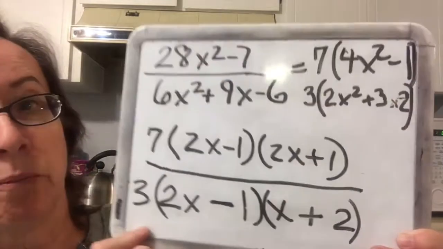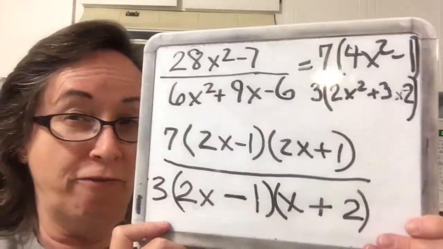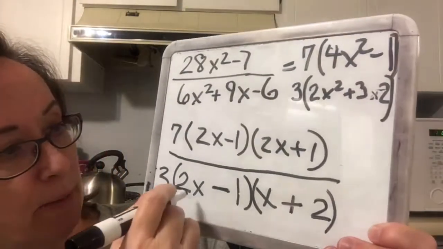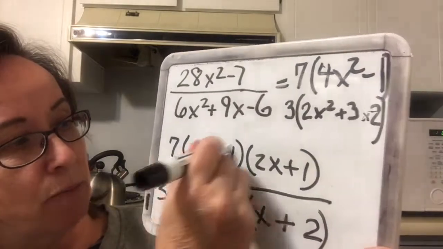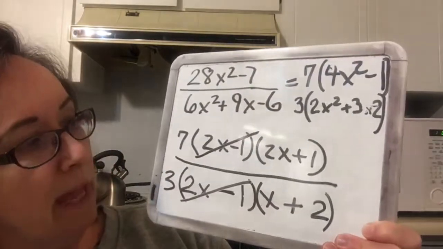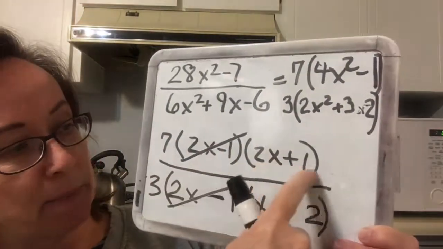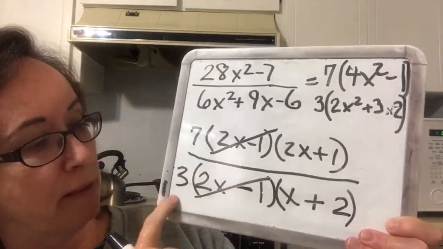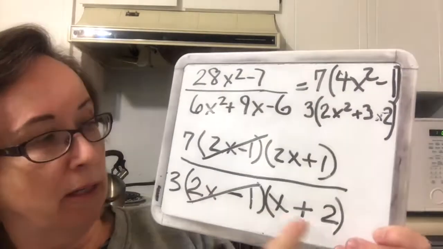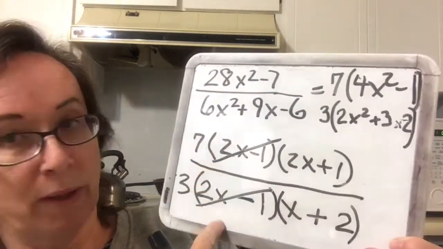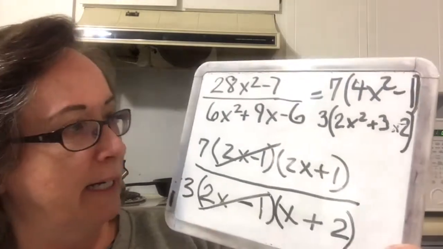I remembered to bring down my 3, so I factored everything. Now my 2x minus 1 and my 2x minus 1 will cancel, and my final answer is going to be 7 times 2x plus 1 divided by 3 times x plus 2. So basically all of this with this canceled out. But I'm not going to write it again because I don't have any more boards.